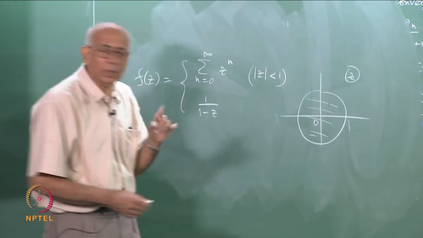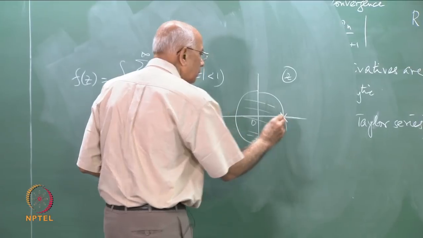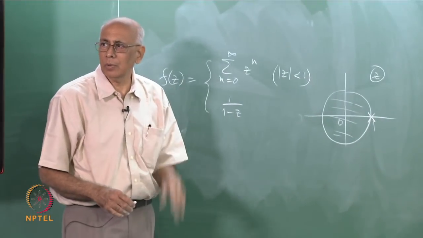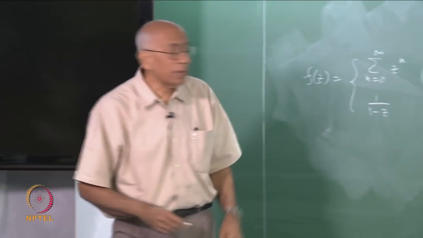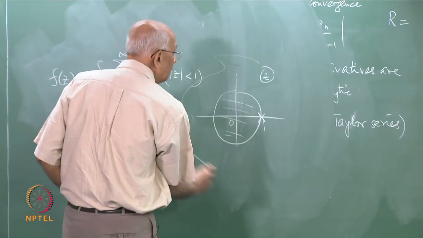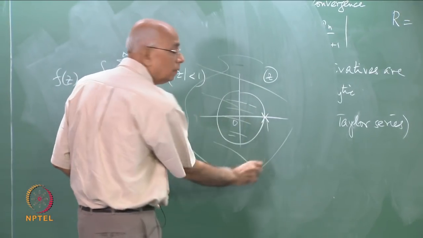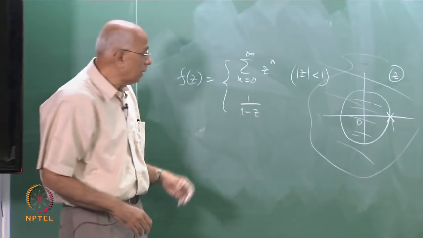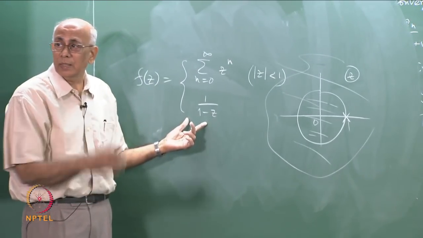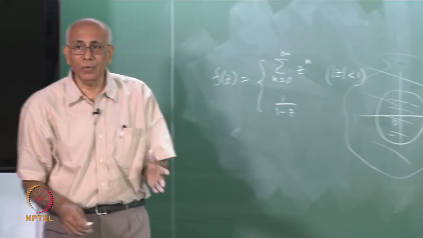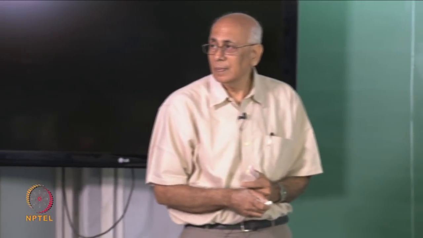Only at z equal to 1, only at that point. Otherwise it makes sense everywhere. And you can check that this satisfies the Cauchy-Riemann conditions everywhere except at z equal to 1. So it is an analytic function.